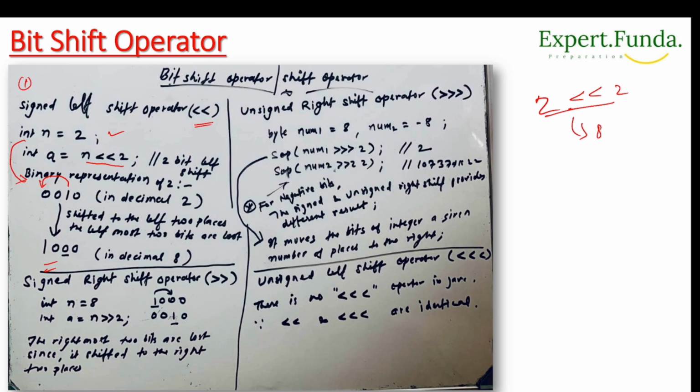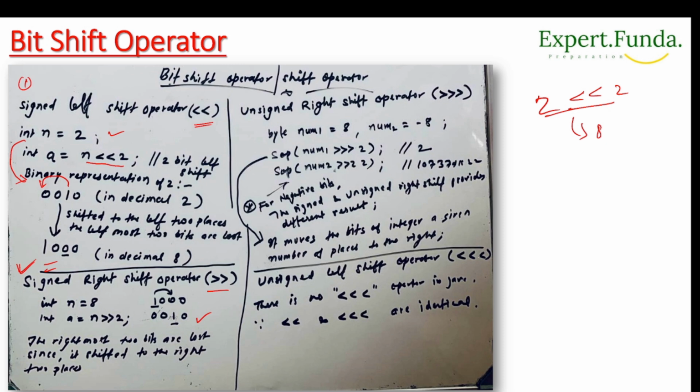Another is the signed right shift operator, where we have the double greater than symbol. If we have n equal to 8, we'll get 2 back. If we do a right shift of 2, then we'll get back to 2, because the rightmost 2 bits are lost, since it is shifted to the right by two places.